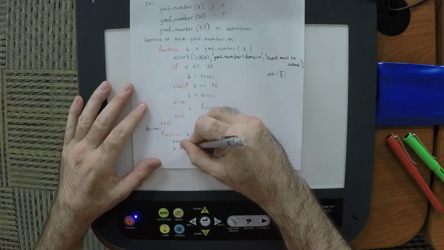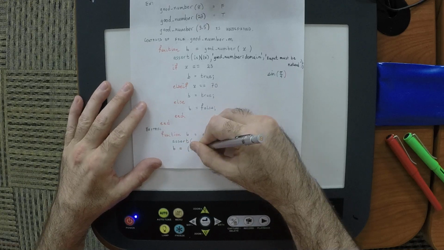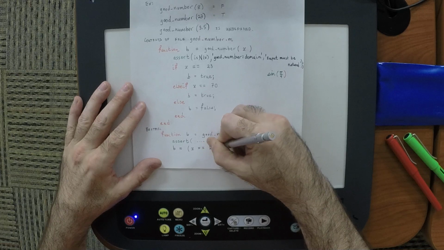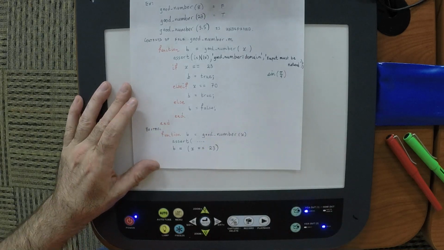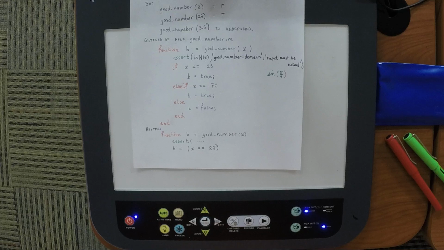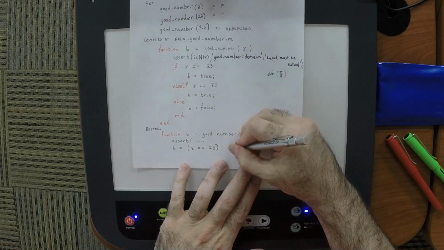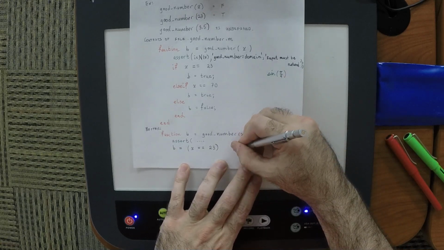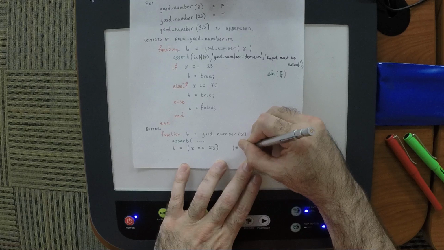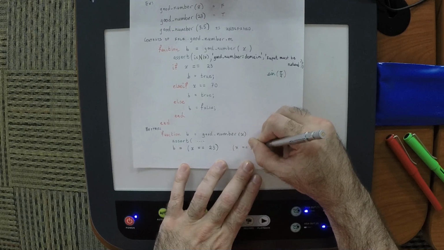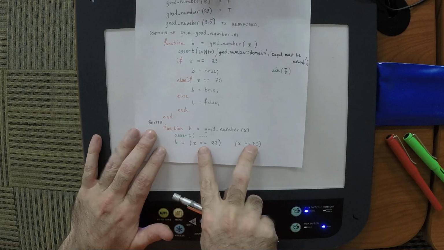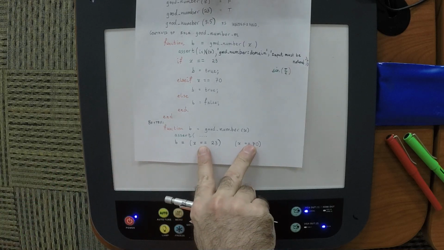We could say if x equivalent 23. Okay, that's one possibility for saying yes, right? Another possibility for saying yes is 70. So x equivalent 70. And the way we want to combine these two things is with what?